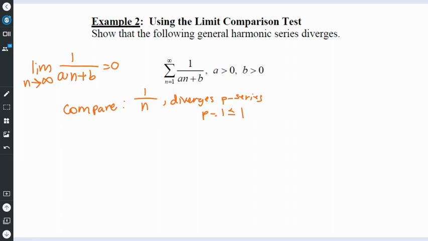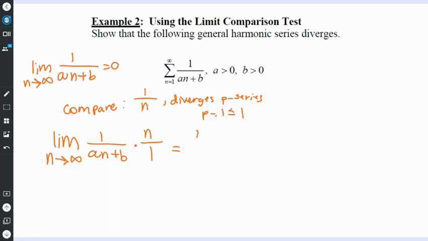Using the limit comparison test of my original over the comparison, or times the reciprocal of the comparison. Well, what's the leading term in the numerator?